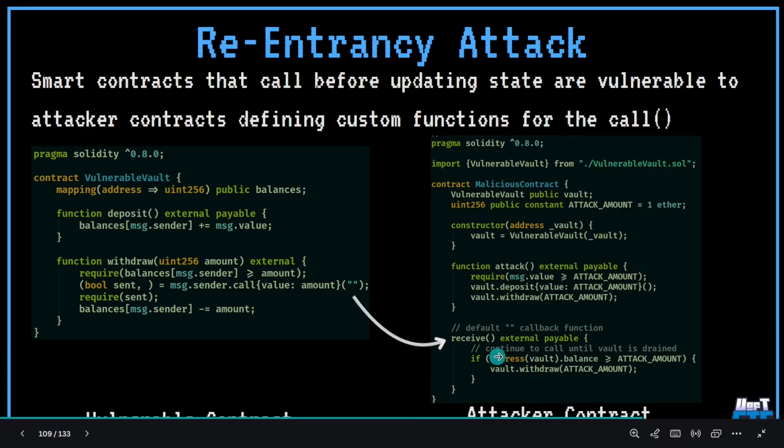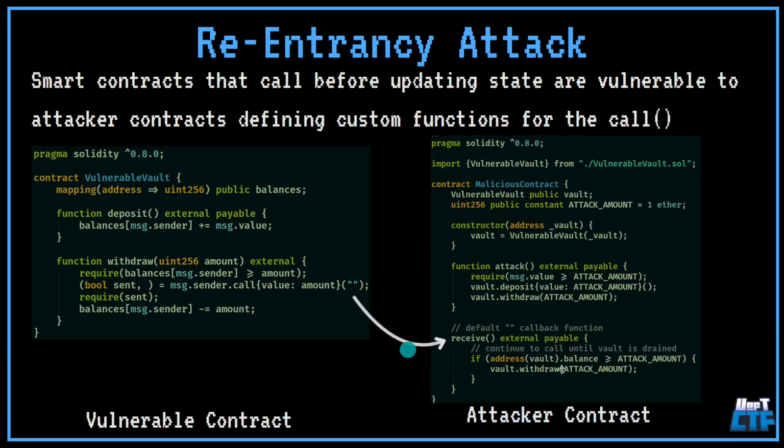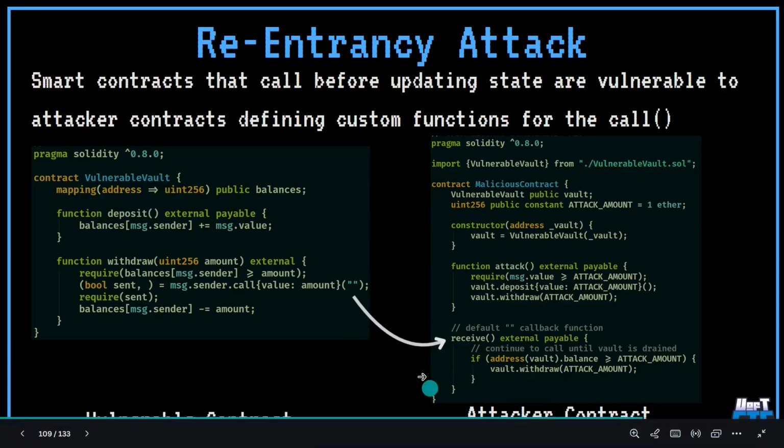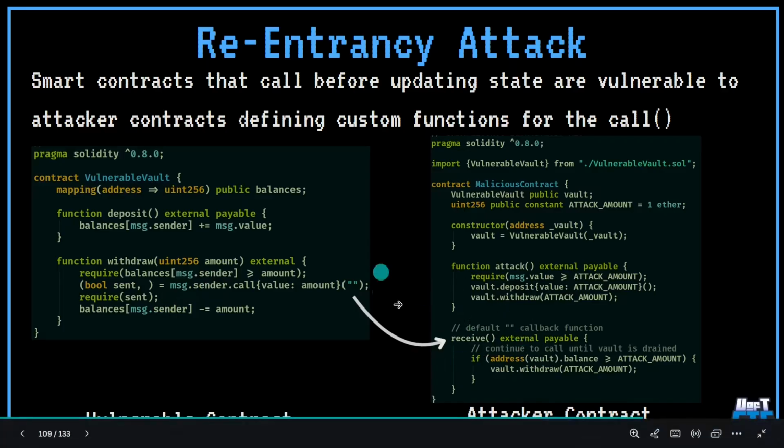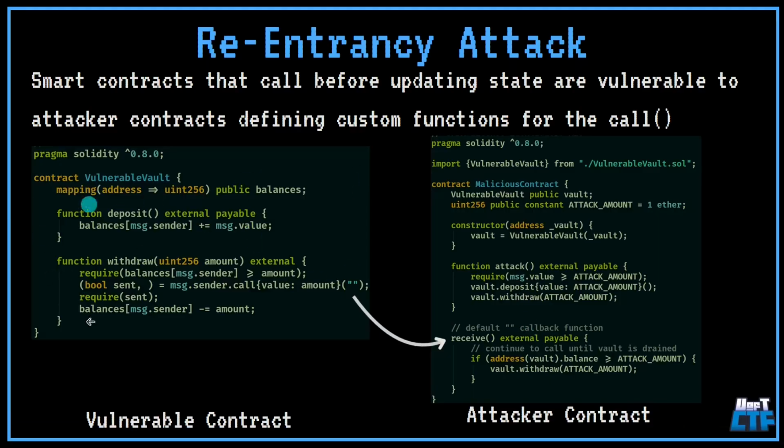Then this attacker contract sets a default callback function to continue sending transactions. Because it's not returned, you end up generating a few stack frames. So this doesn't go to the next line because it's not returned anything yet. It has to continue on and on. Essentially, it drains the entire wallet of this contract. So that is a reentrancy attack.